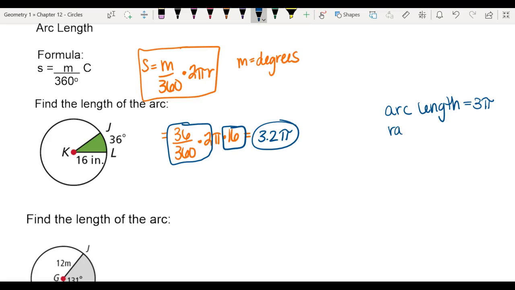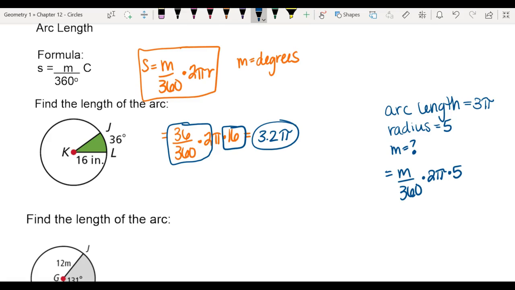They tell you your radius maybe is 5, and they want you to find your M. They don't give you your degrees. Okay. So let's plug in what we know. We know our radius is 5. So we have M over 360 times 2 pi times 5. Is everyone okay with that?